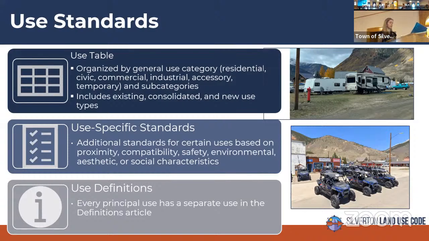The use table in the proposed land use code includes existing uses, some uses that have been consolidated into broader types and new use types. The use specific standards are standards applied to certain uses based on things like proximity, compatibility, safety, environmental, or social characteristics. And then each use in that use table has a specific definition in Article 11. Next slide, please.